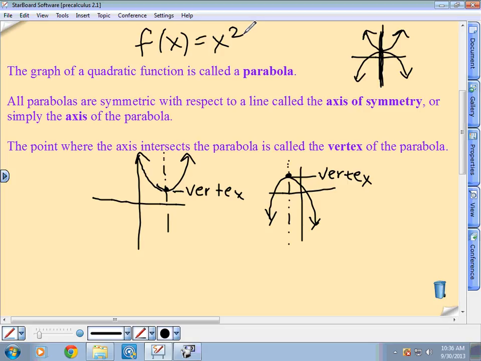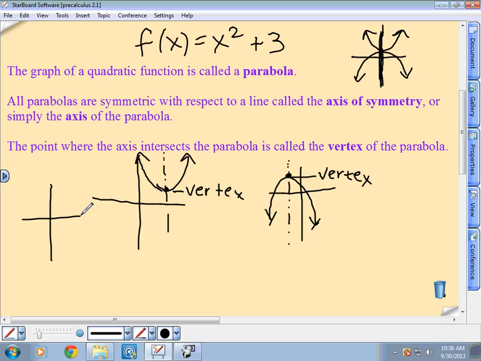So for example, if we had something as simple as a plus 3, what does that do to my function of x squared? What does it do to my quadratic function if I add a 3 onto it? It's a vertical shift, right? Adding it on after the function. It's a vertical shift. Okay?